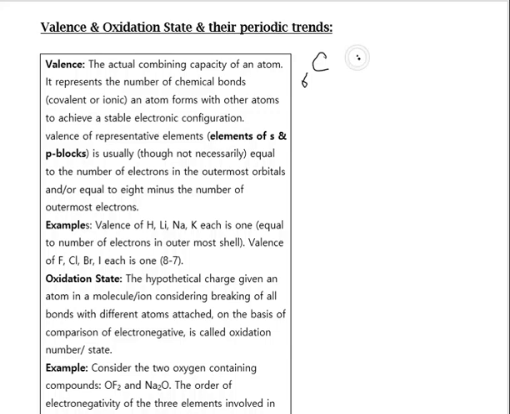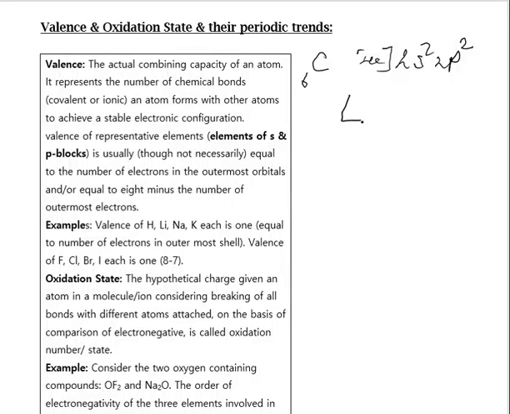So the configuration of carbon may be helium, which is the core, 1s2, 2s2, 2p2. Now, to complete the octet, or to reach the nearest noble gas, that is neon, each carbon atom requires 4 electrons.